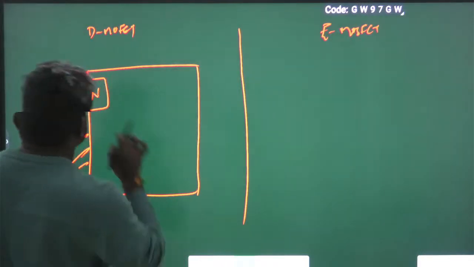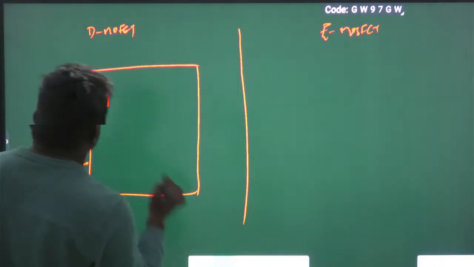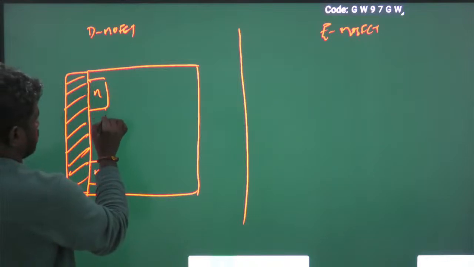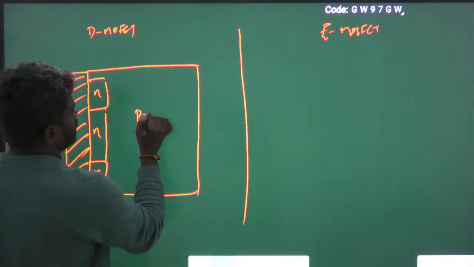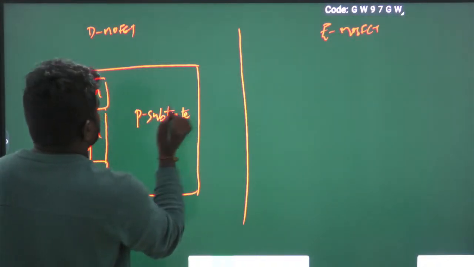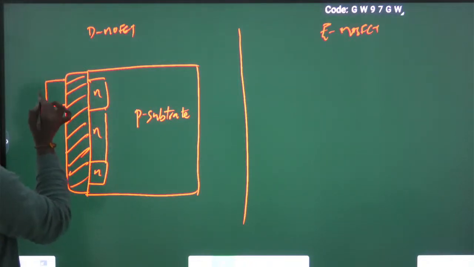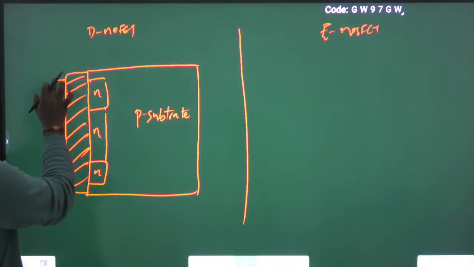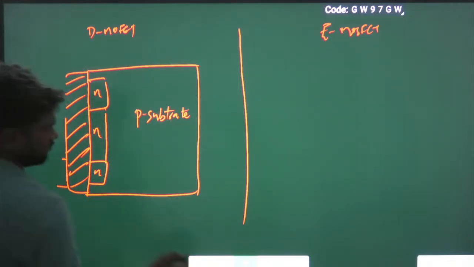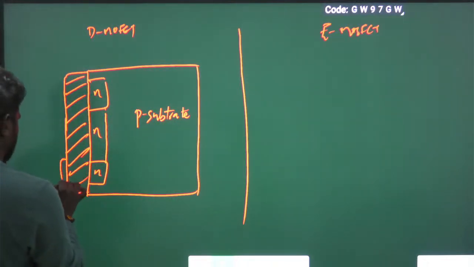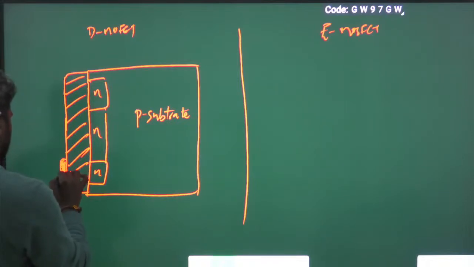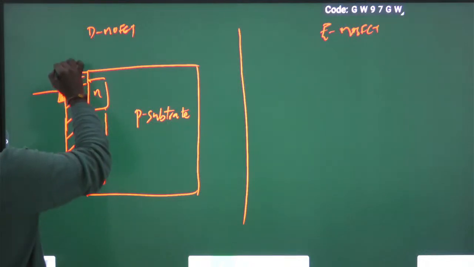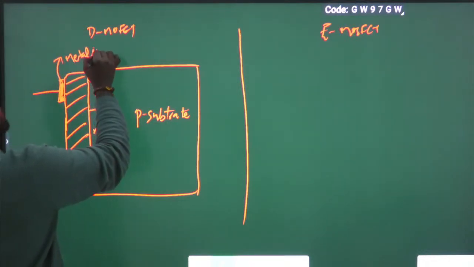This is the N. These are the metallic contacts.